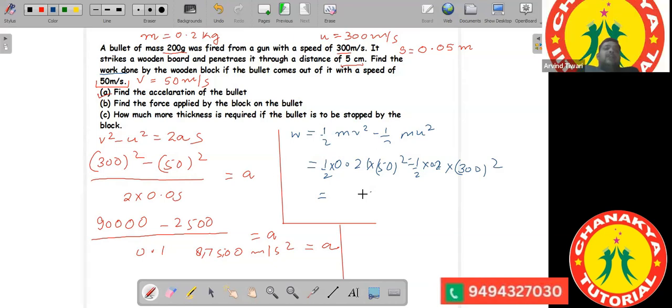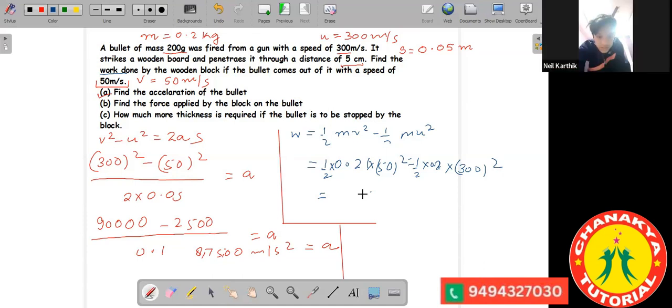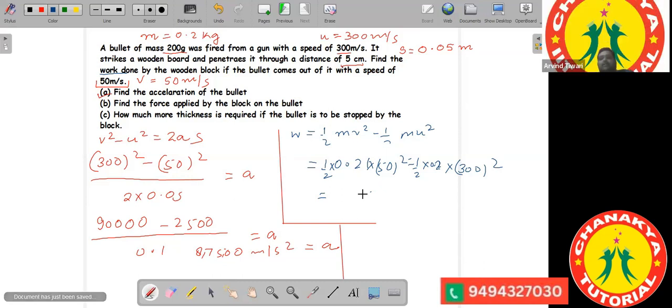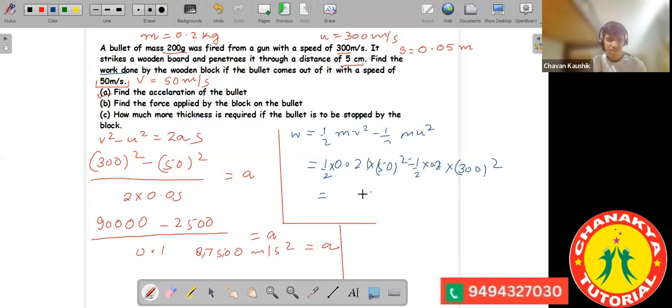Okay. So anyone else? Neil, are you able to get this? Chavan, yes, sir, I understood. But you did not get the same answer, right? Yes, I forgot to convert it.